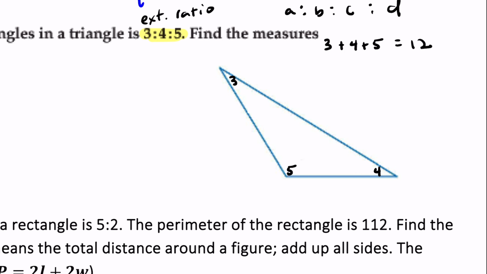What I need to do is I need to put something right next to each of these numbers here. We're going to put a variable, and we're going to use x, right? So x goes right next to this 3, x goes right next to this 4, and x goes right next to the 5. And this is perfect because I can actually create an equation here.